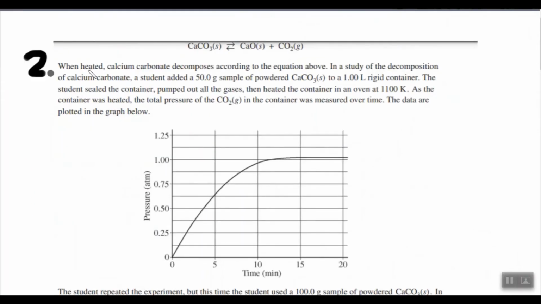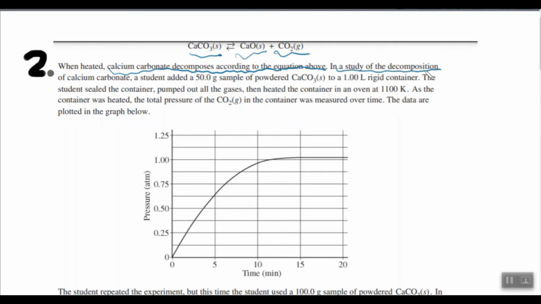So number 2, when heated calcium, well, let me fix the layer first, sorry for that. So when heated calcium carbonate decomposes according to the equation above, so this decomposes into a salt and some CO2 gas.